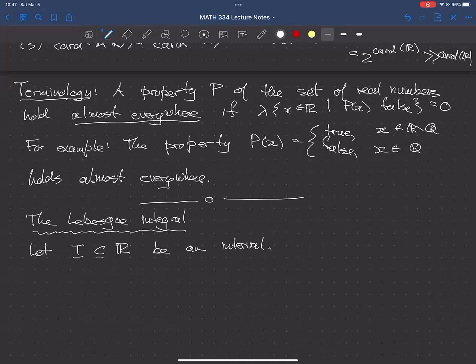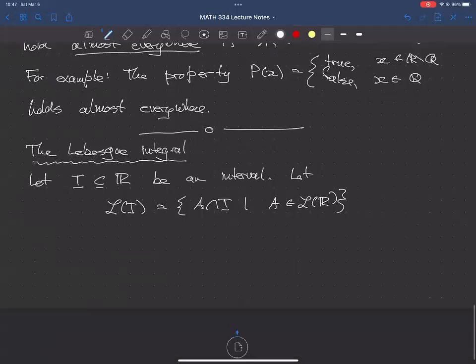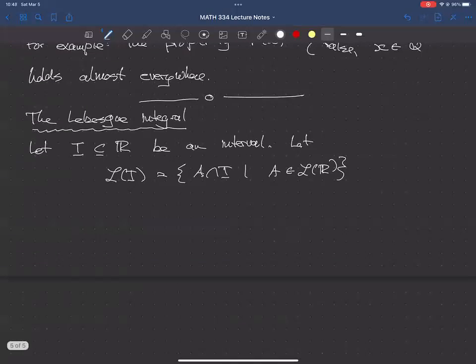So let L of I be the intersection with I of Lebesgue measurable subsets of R. We think of these as Lebesgue measurable subsets of I. Now we need a property of functions that we're going to integrate.